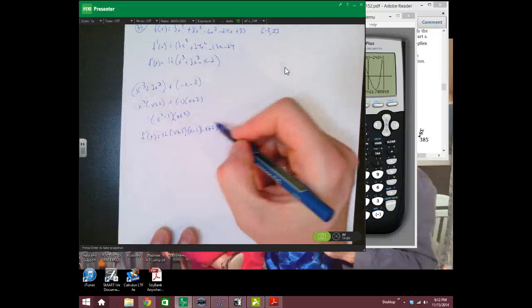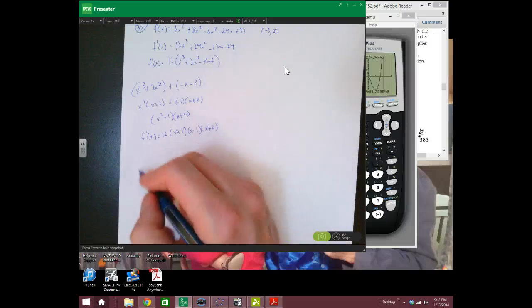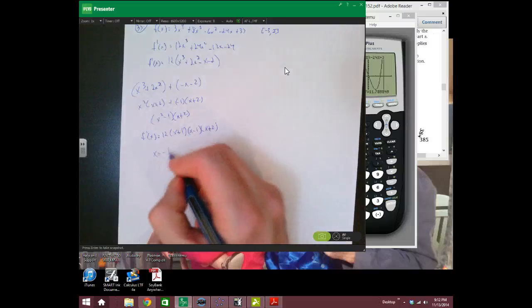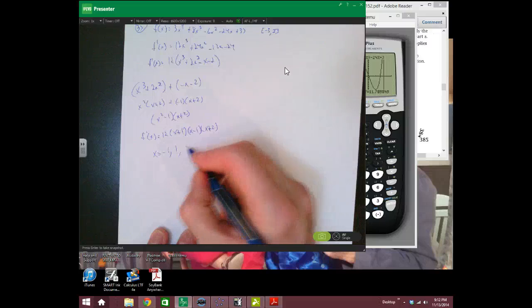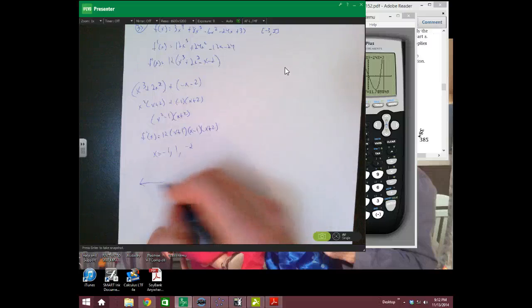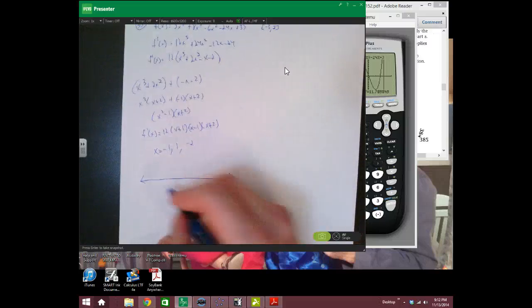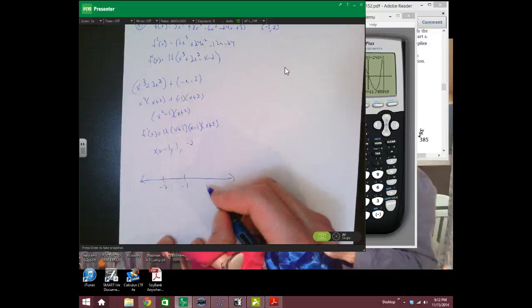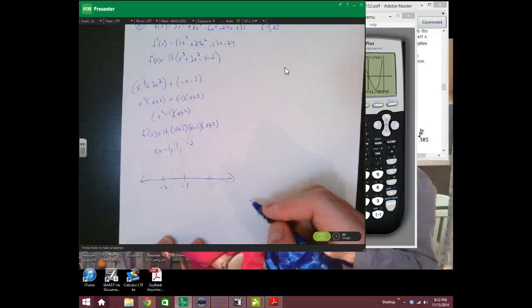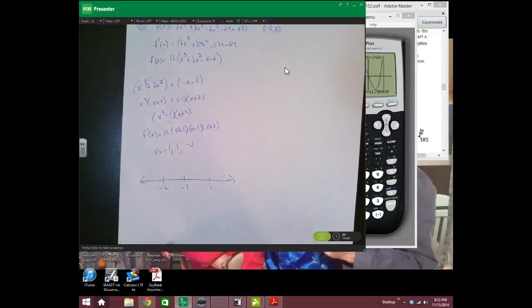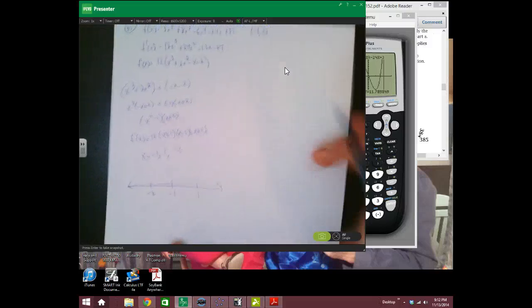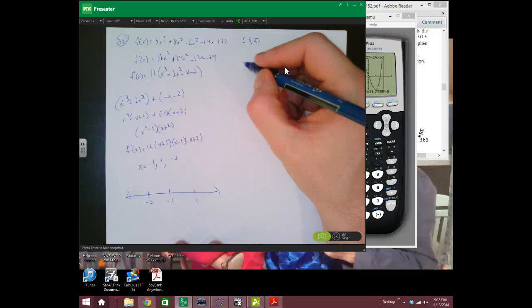You're going to have 3 possible maxes or mins. Our values are at x equals -1, +1, -2. That's what we'll test for our first derivative. -2, -1, 1. Okay. Now, the second derivative, come over here and take the derivative again.